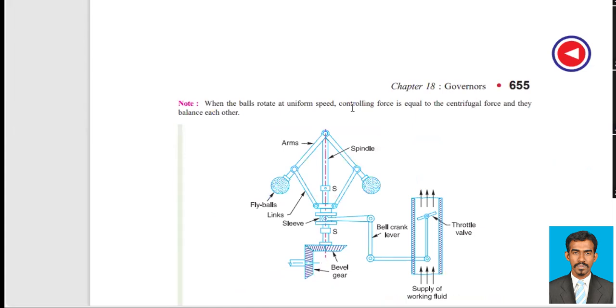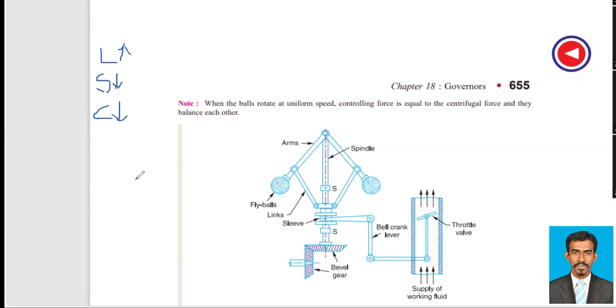In simple terms, there are two conditions: either the speed increases or the speed decreases. If the load increases, the speed of the engine will decrease. If the speed of the engine decreases, the centrifugal force on the balls will also decrease, so the balls will fall down.